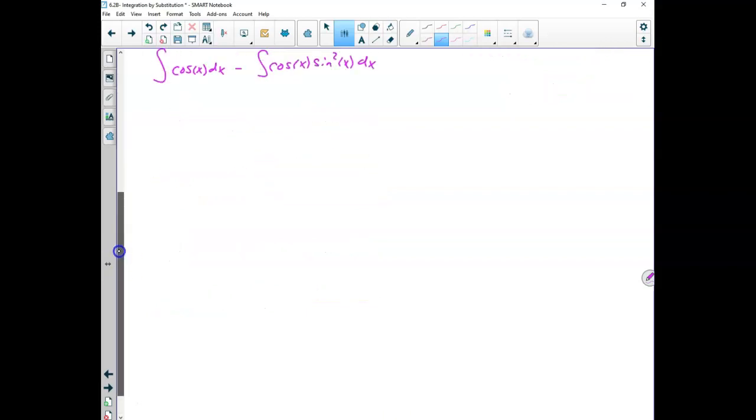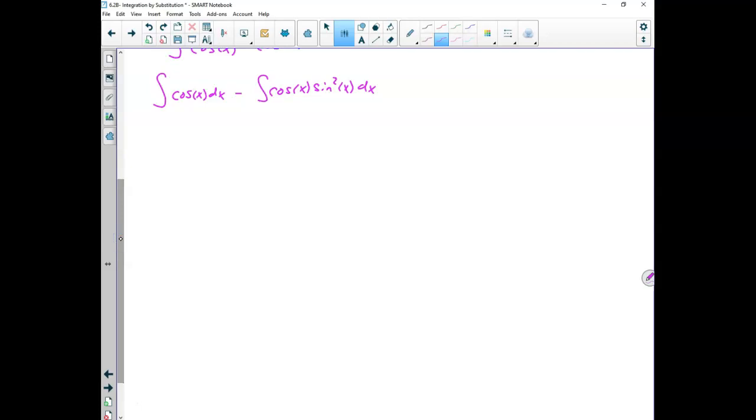The derivative of sine is cosine, so this is going to give me sine x minus, but over here, if I let u equal sine x, then du is going to equal cosine x dx, so my dx is going to equal du over cosine x.